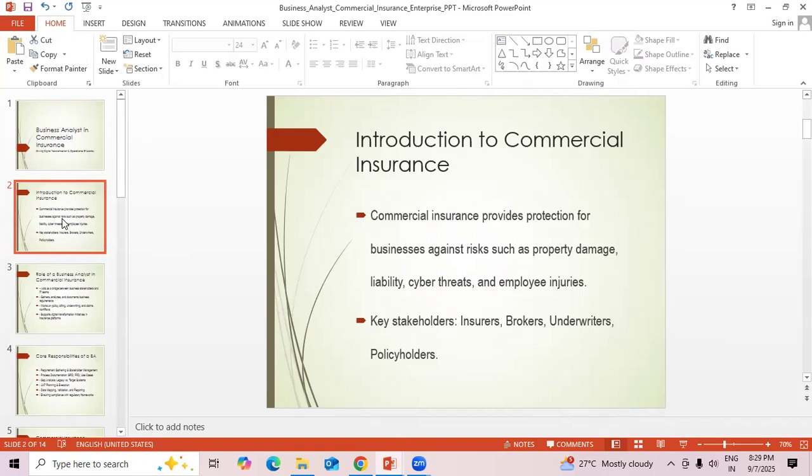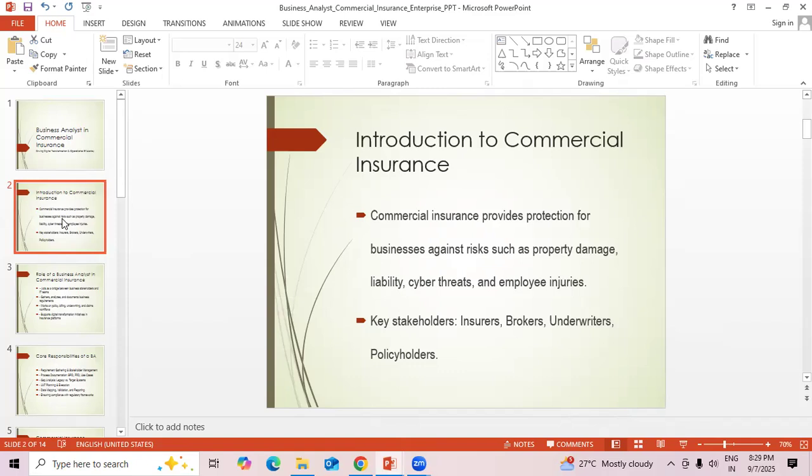Now, what is commercial insurance? This is for the people who don't have any idea about it. Commercial insurance is the kind of insurance that provides protection for any kind of business, irrespective of the type and size of the business, against risks like property damage, liability, cyber threats, employee injuries, right?